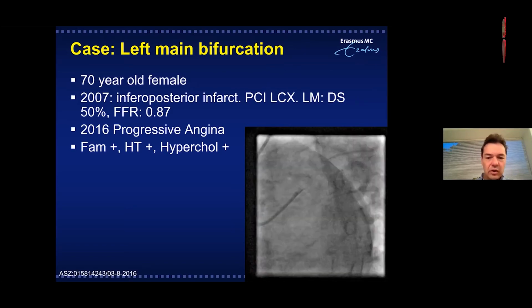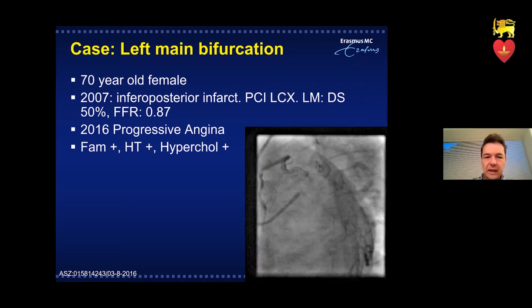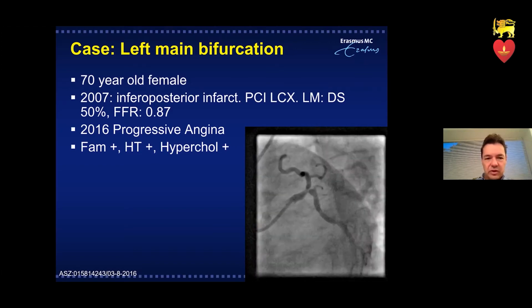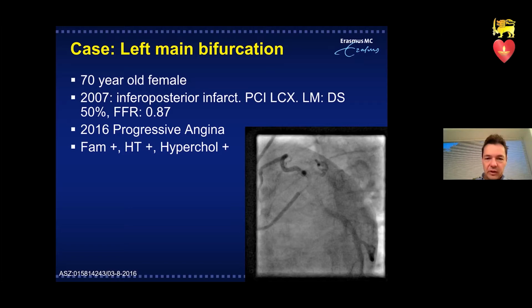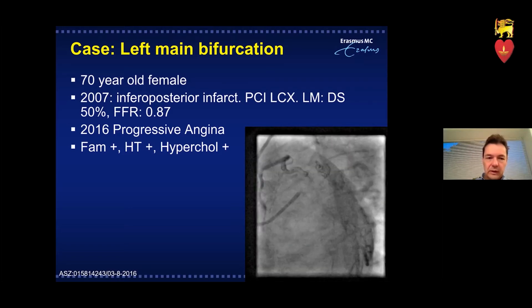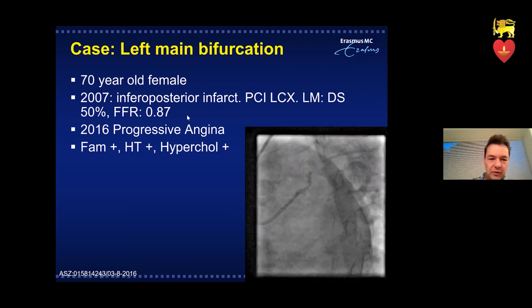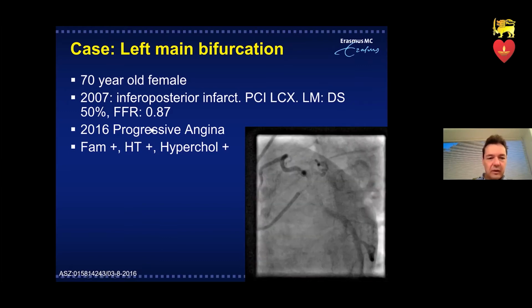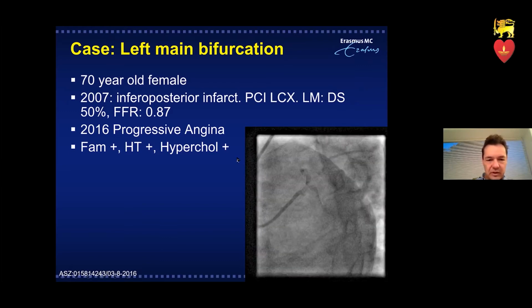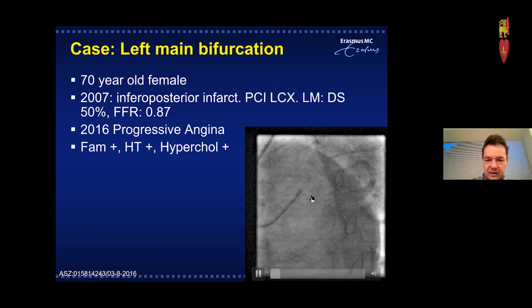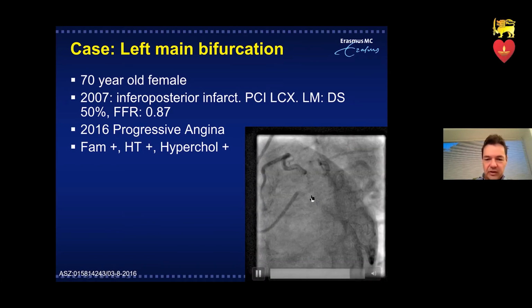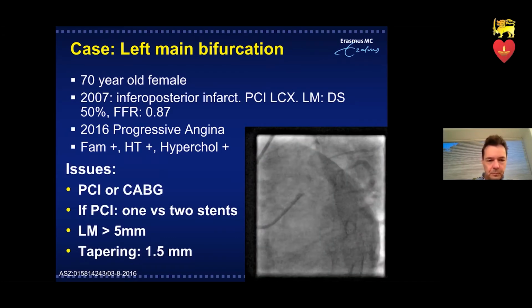So this is a bit older case, but there are some nice examples in it, and that's why I wanted to show it to you. 70-year-old male with an inferior posterior infarct, and he had some PCI of the circumflex and an FFR of the left main in 2007, but 10 years later came back with progressive angina and this bifurcation lesion in the left main.